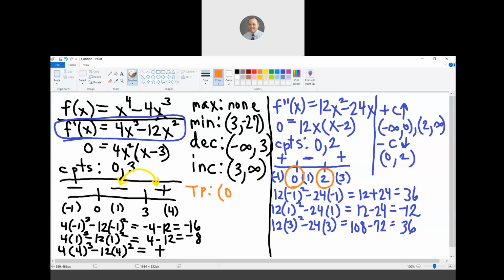Y is also 0. And our second turning point or point of inflection occurs when x is 2. So when x is 2, I'm figuring this in my head, so be patient with me. Let's see, 4 times 8. So the y value for your second turning point is negative 16.